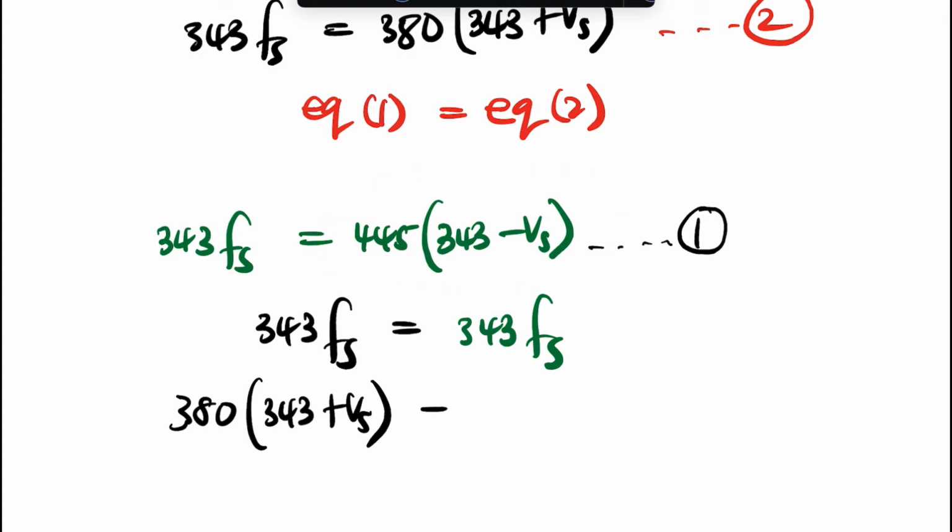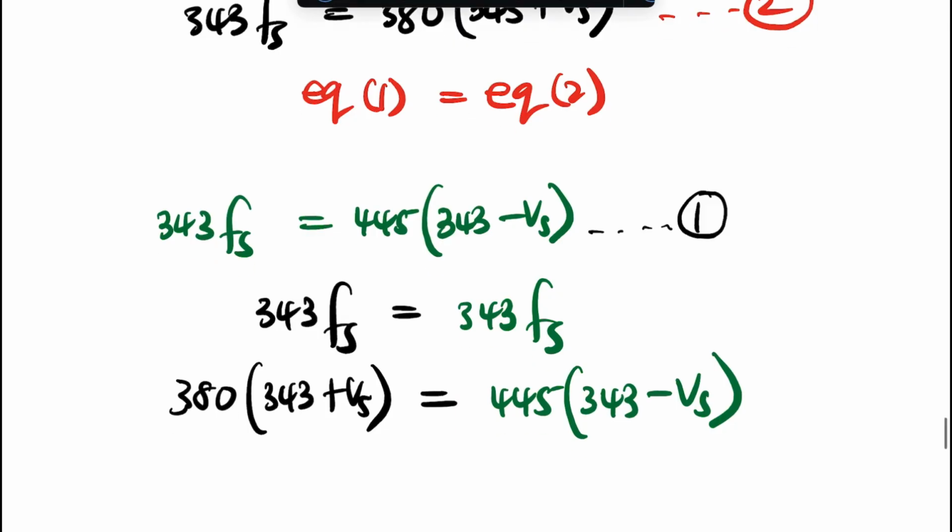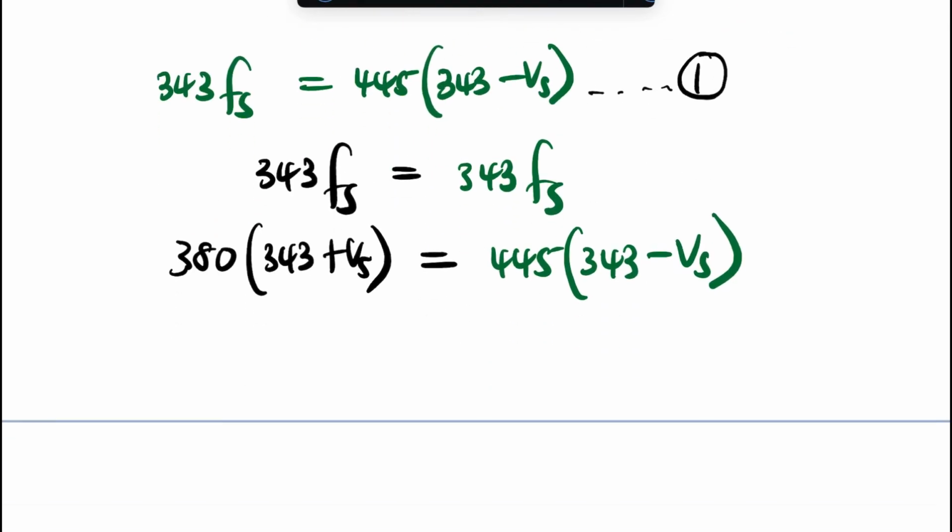I'm going to take that. So it's going to be 445 times 343 minus Vs. Right? So what are we going to do now? It's going to be a distribution. So I'm going to distribute: this times this, and this times this, and then this times that, and that times that. Okay, let's do it.